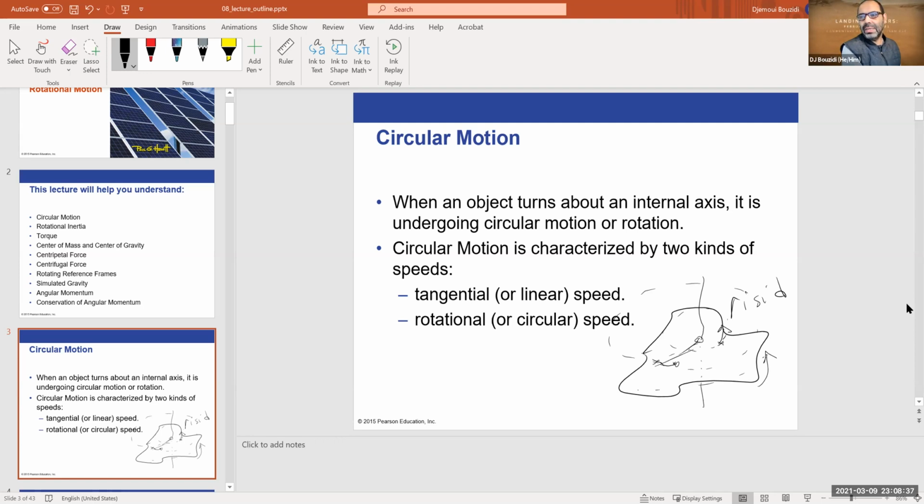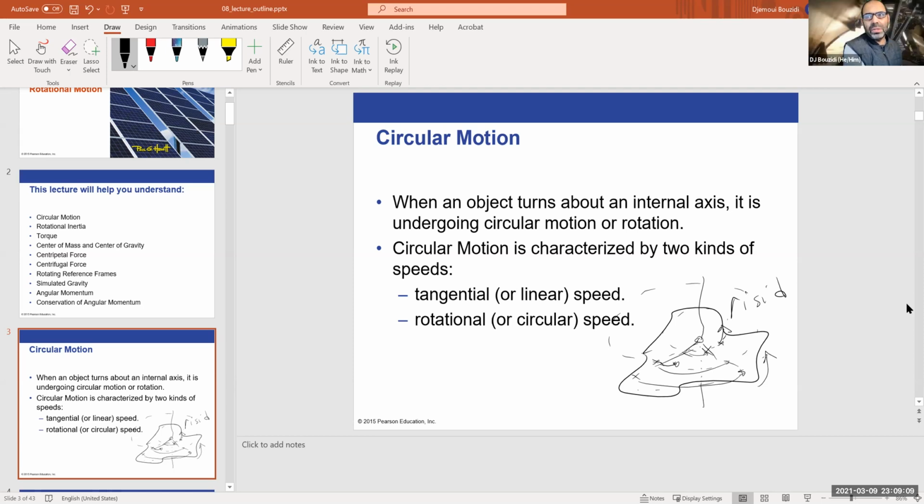Because if I take a look at points on this axis closer and points on this axis further, a little later, this point would have moved to here, whereas this one has to go all the way here. So the distance traveled by this furthest point must be greater than the distance traveled by this point. But both of them are traveling on the same axis, so they must arrive at the same time. Therefore, the tangential velocity in this case will be higher the further you are from the center of rotation.